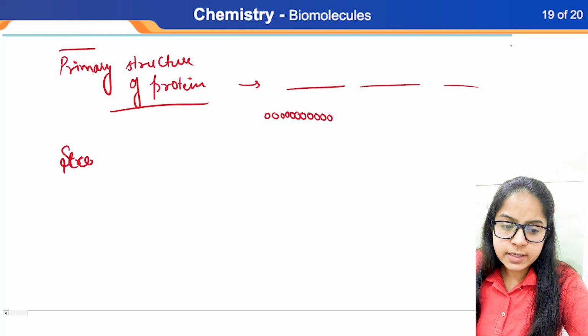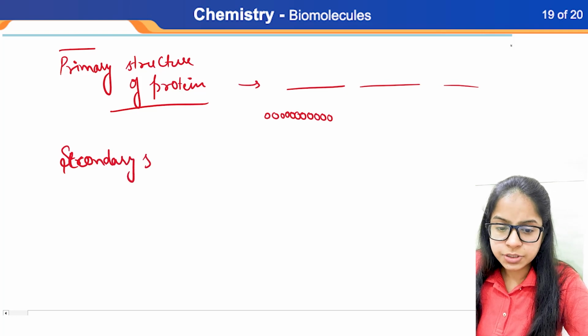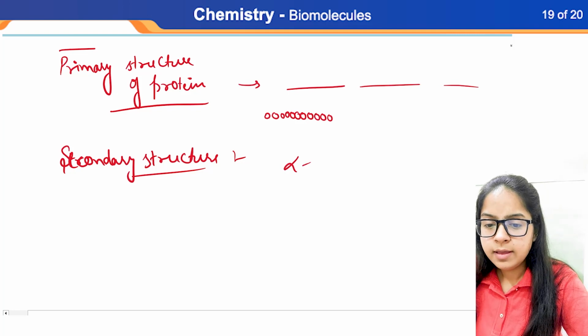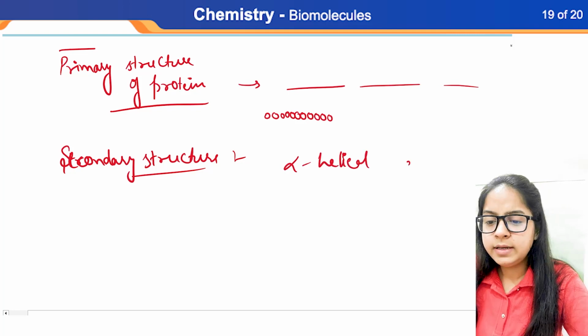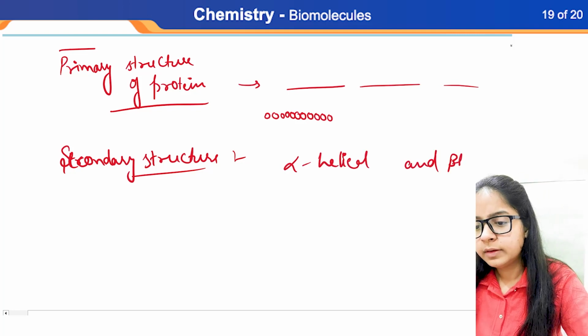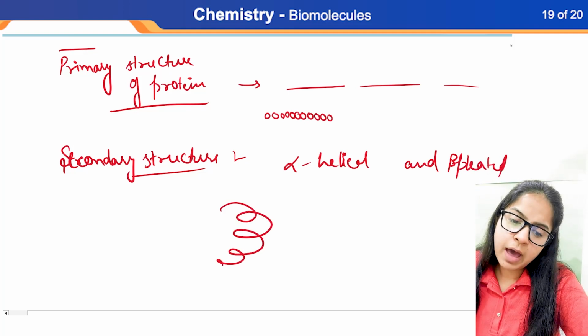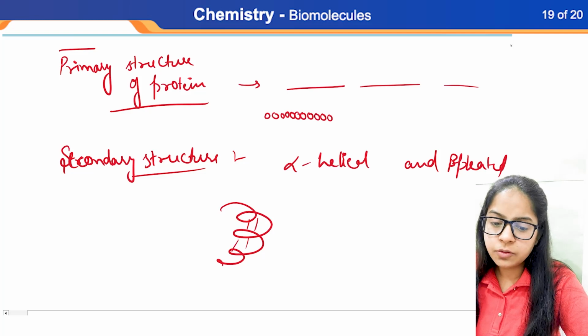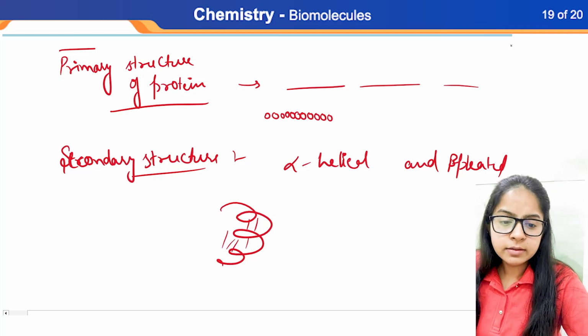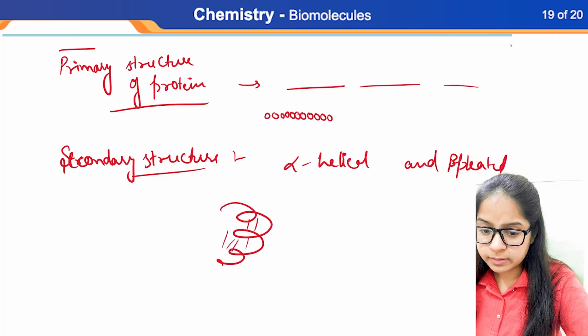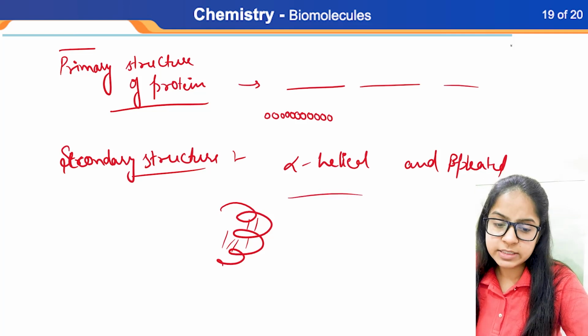Again, the secondary structures. In the secondary structures, there are two types, alpha helical and beta pleated. Now, remember that as the hydrogen bonding and the interactions increase, there is the formation of the coil-like structure.